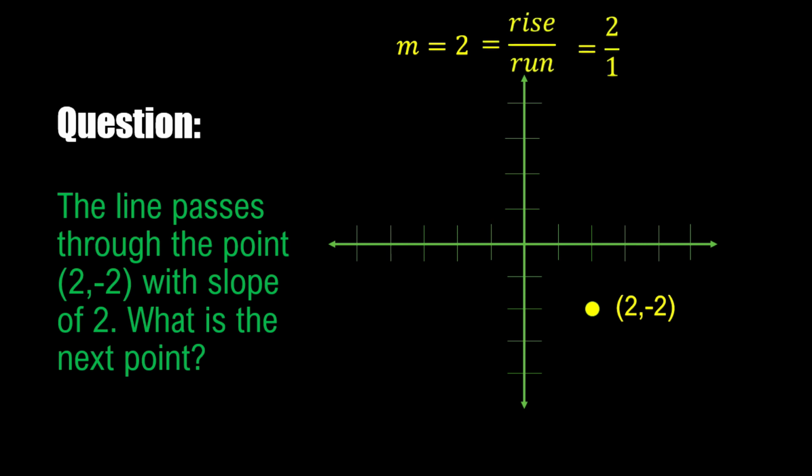So, 2 for rise and 1 for run. So, that requires us to move upward and right. So, that is 1, 2, and then 1 papunta sa kanan. So, that is our second point at 3, 0.